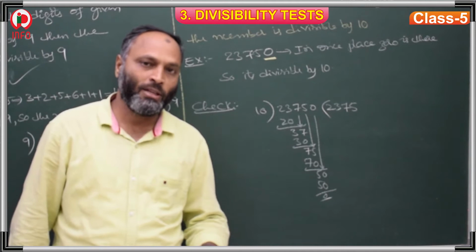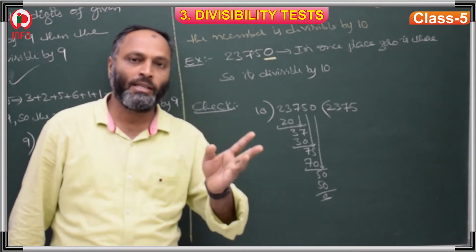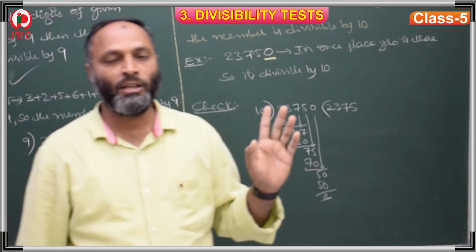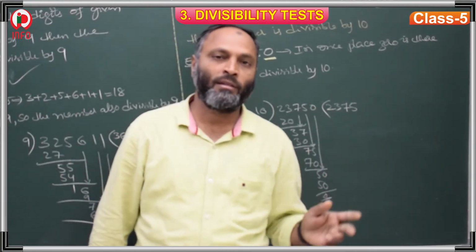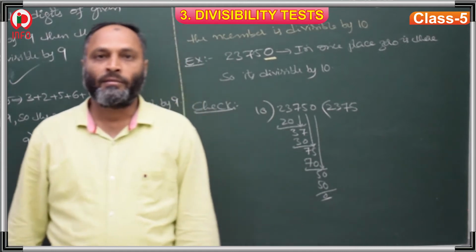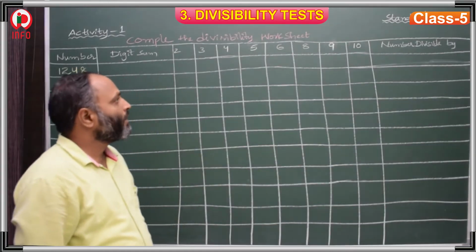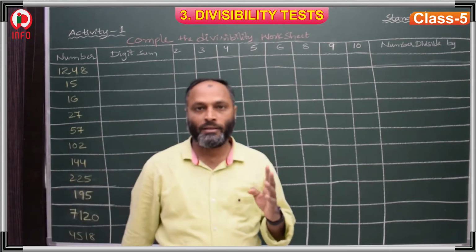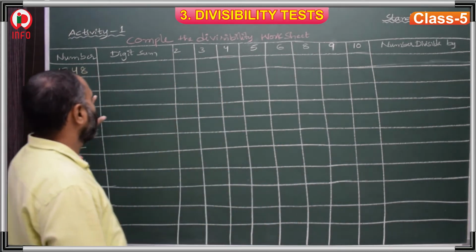Once again we recapitulate what we learned: how to decide, without doing any division, whether the given number is divisible by 2, 3, 4, 5, 6, 8, 9, 10. So divisibility rules from 2 to 10 we discussed. Now one worksheet is given.